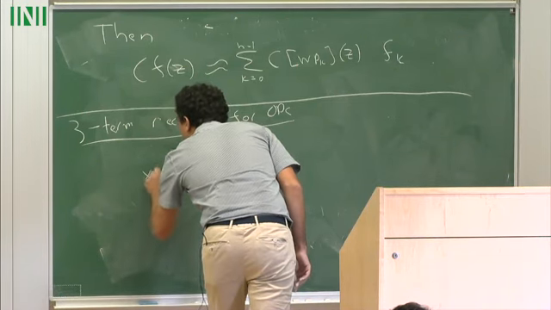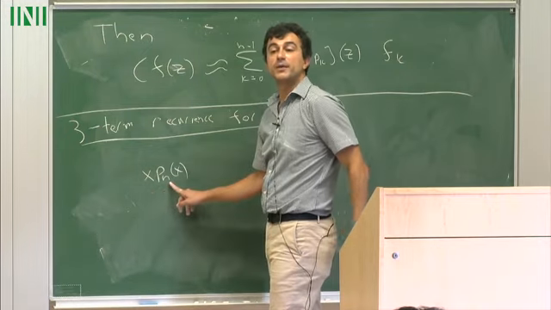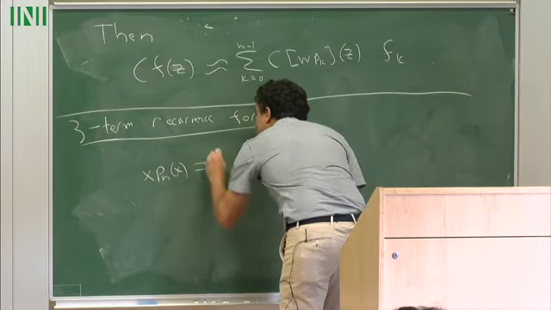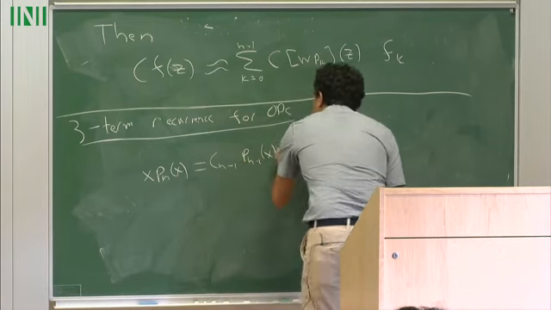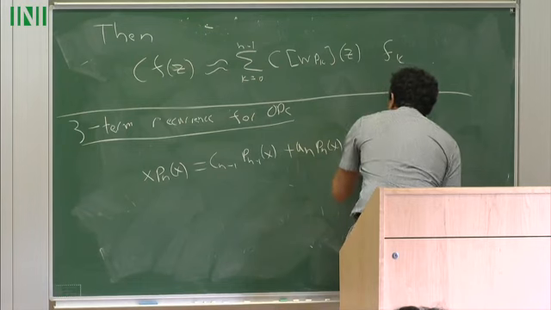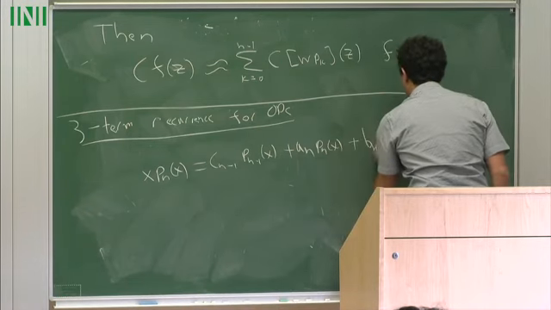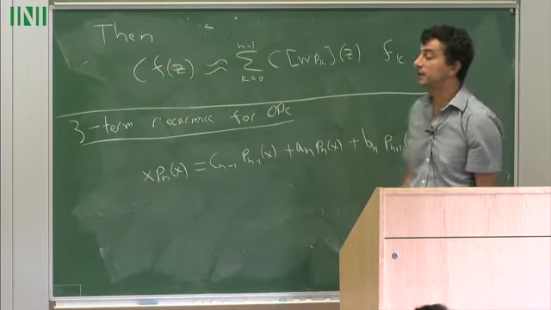So if we multiply x times our polynomial, we can write this in terms of p_{n-1} of x plus a_n p_n of x plus b_n p_{n+1} of x.